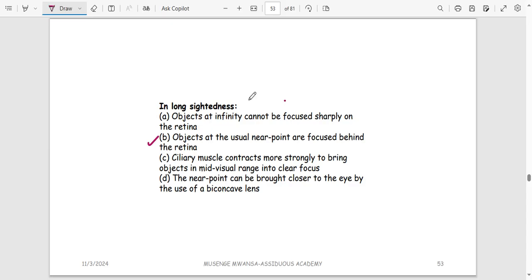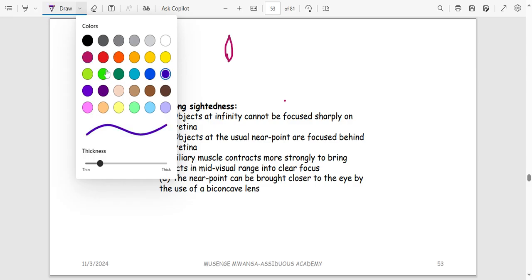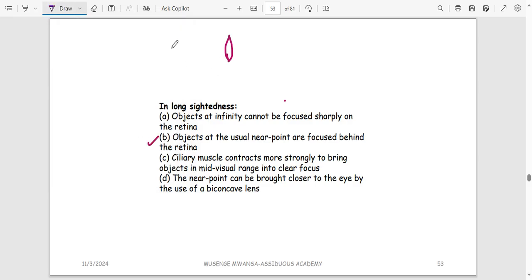Okay, let's look at the rest. Let's start with option A. Objects at infinity cannot be focused sharply on the retina. Actually, objects at infinity are the ones that you can see well. We basically use 6 meters. So if, let's say, here is our lens for the eye, objects beyond 6 meters, you consider the rays to be parallel, the same as though they are at infinity.